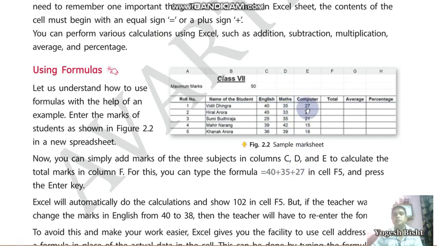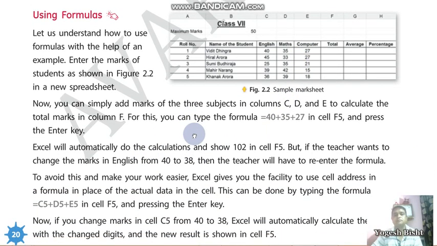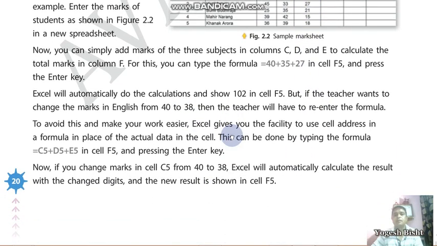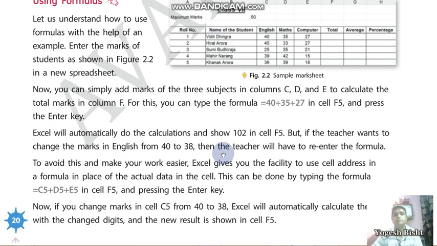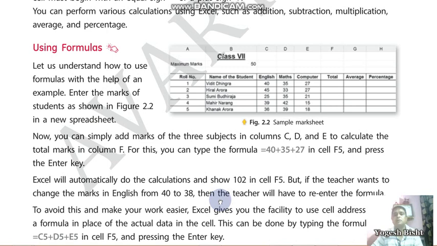So we are adding all these three numbers, okay, and then we'll get the total as 102. Okay, but if the teacher wants to change the marks in 40 and 30, it is called calculating on values. So here we are calculating on values.